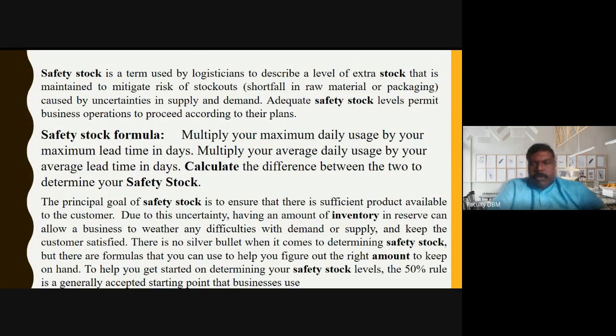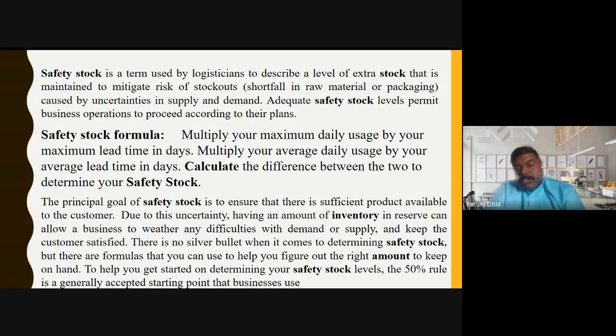The principal goal of safety stock is to ensure that there is sufficient product available to the customer. Due to this uncertainty, having an amount of inventory in reserve can allow a business to weather any difficulties, demand or supply, and keep the stock available to the customer so that the customer will be satisfied.